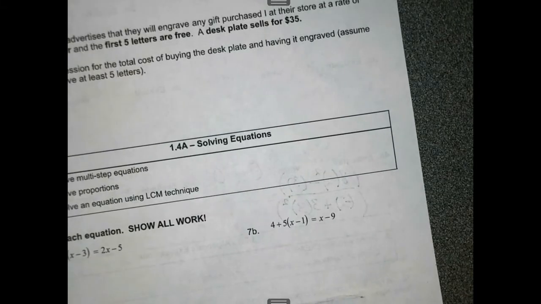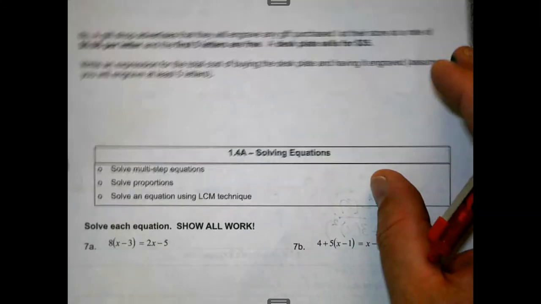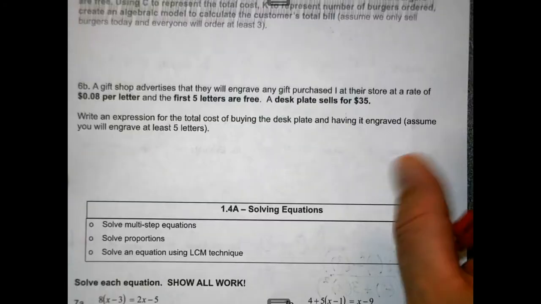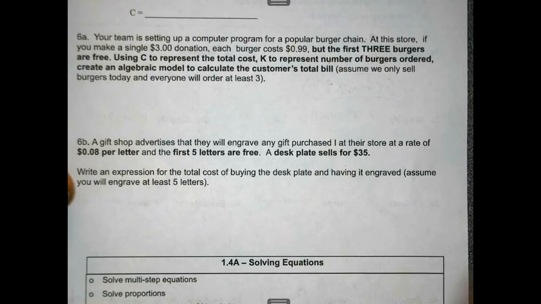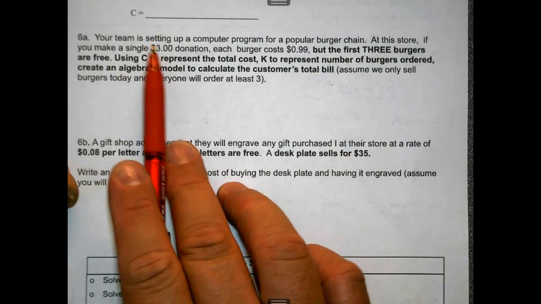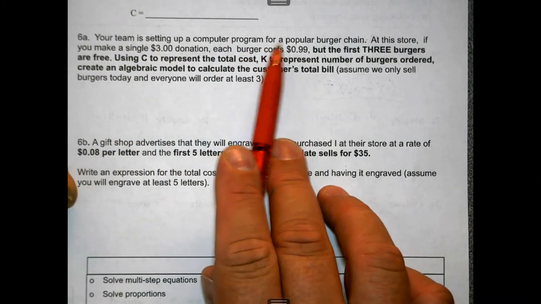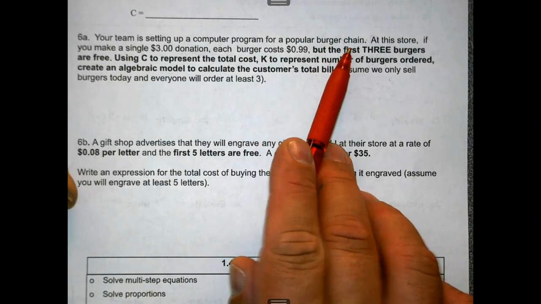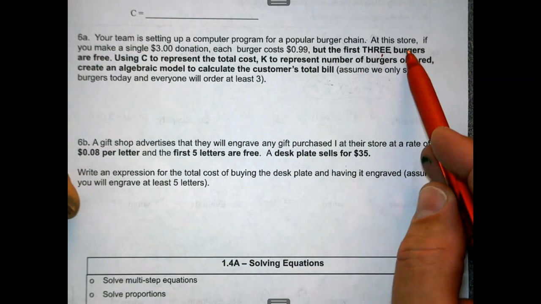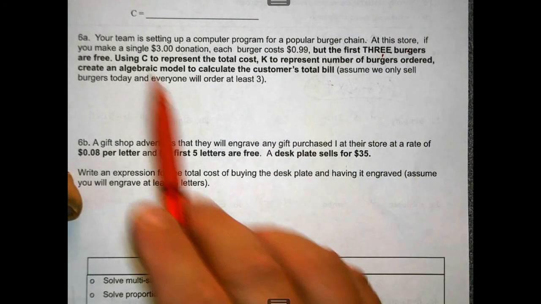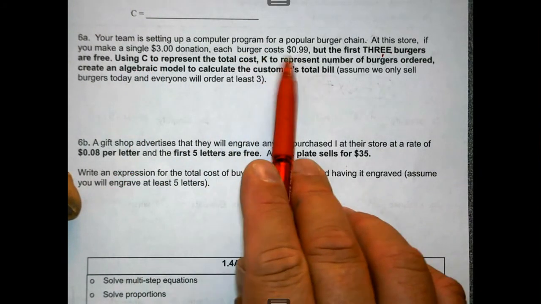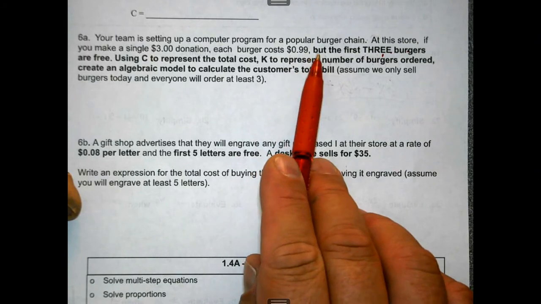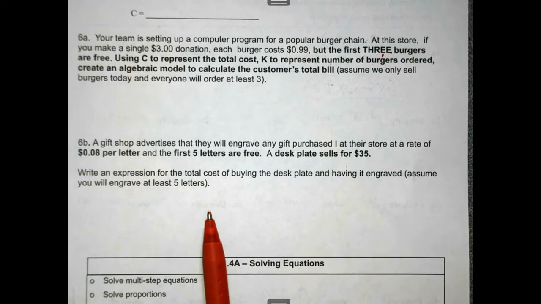Next one I want to do is 6A because a lot of students have trouble with this. Word problem. Your team is setting up a computer program for a popular burger chain. At this store, if you make a single donation of $3, each burger costs 99 cents, but the first three burgers are free.